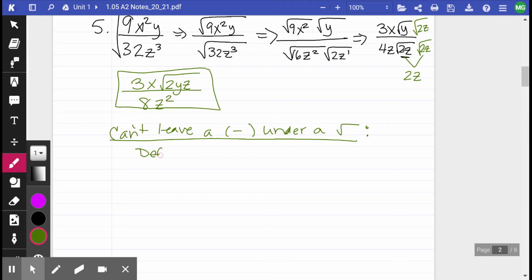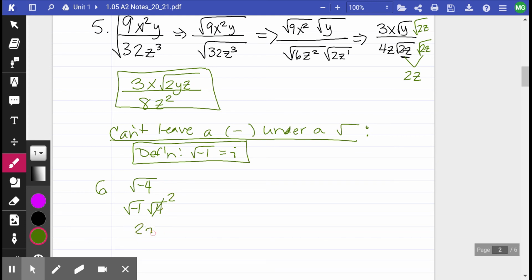By definition, the square root of -1 is equal to i for imaginary numbers. So when we simplify, if I take the square root of -4, let's say, I'm really dividing it up into the square root of -1 times the square root of 4. So we just said by definition, the square root of -1 is i, and we know the square root of 4 is 2. So that leaves me with 2i.